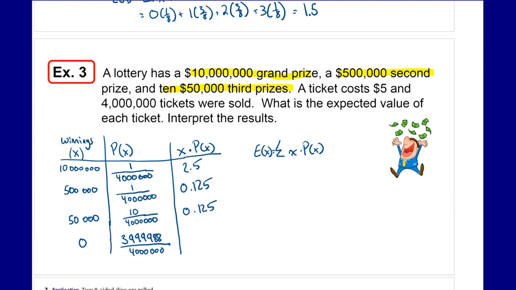And then 0, the number of winnings, times anything is 0.